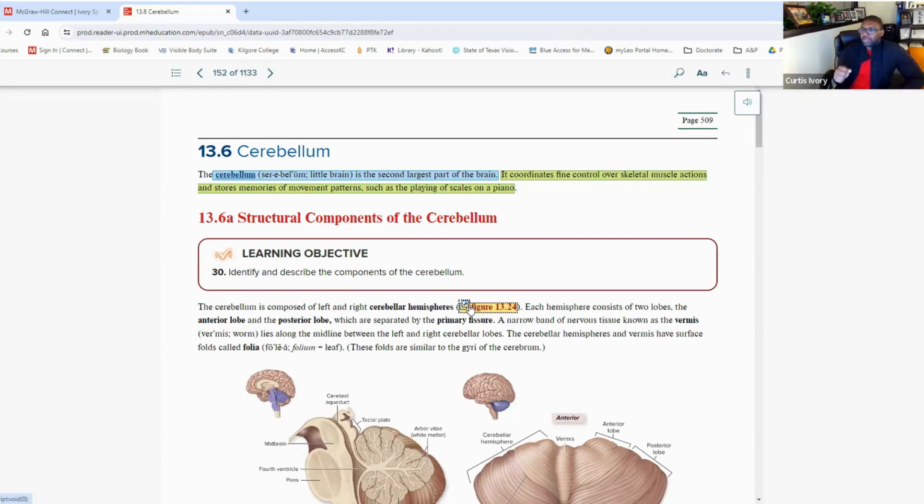What's really cool with the cerebellum is that it is the last stage before a motor movement. If I'm wanting to move my hand, my frontal cortex is telling my cerebellum that I want to move my hand. So the frontal cortex sends a rough draft of what it wants to do to the cerebellum.